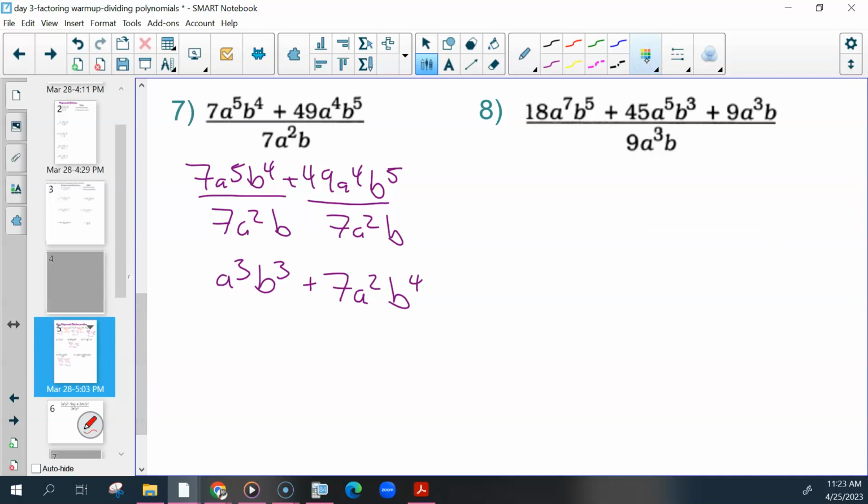Eight we're going to do as the factoring method. What do each of these have in common? 9a to the third b. And what would be left if we divided that from each one?